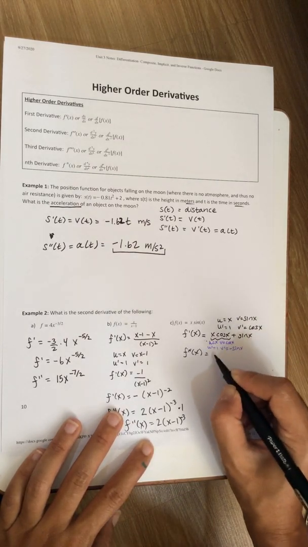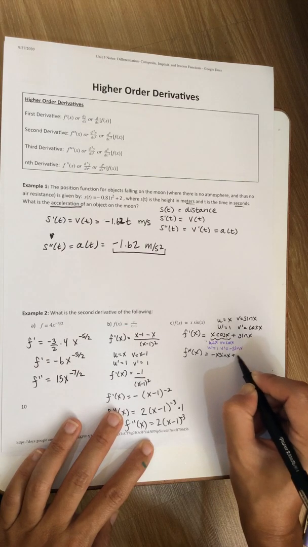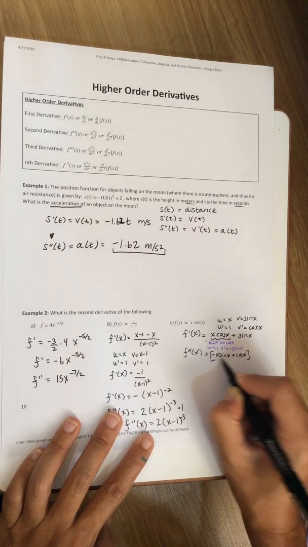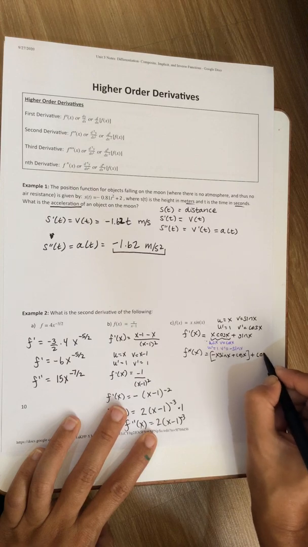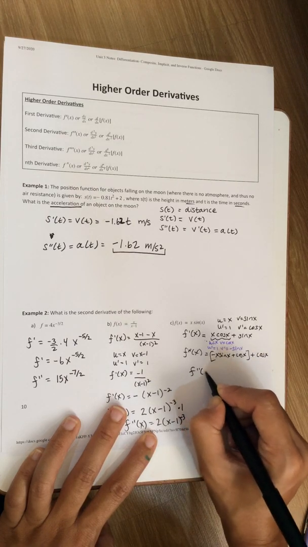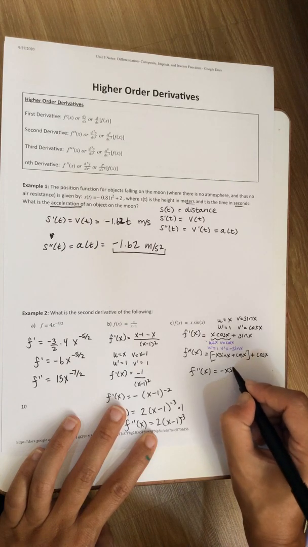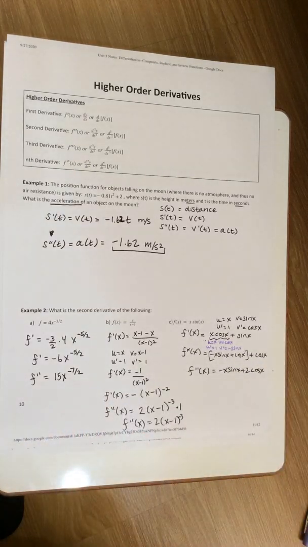So the derivative here would be negative x sine x plus cos x. All of this plus what's the derivative of sine x is cos x. So f double prime of x equals what? Negative x sine x plus 2 cosine x.